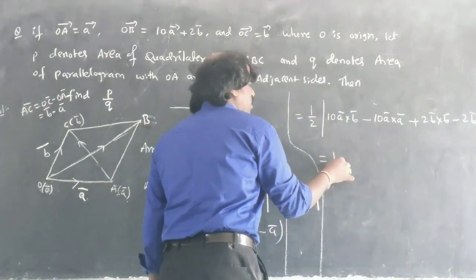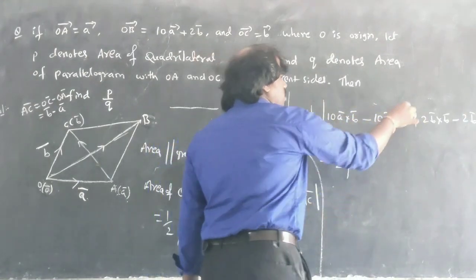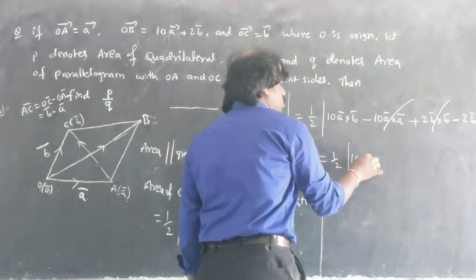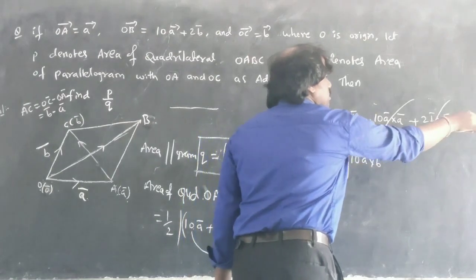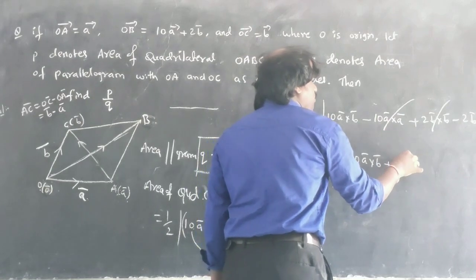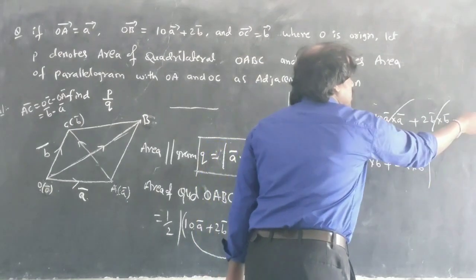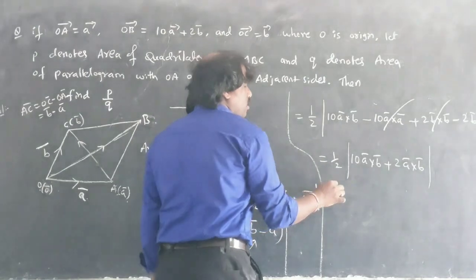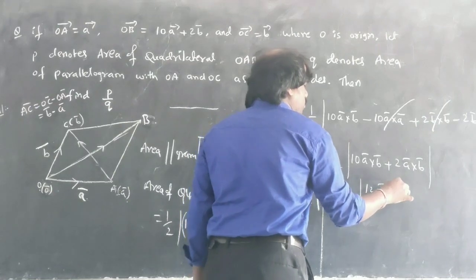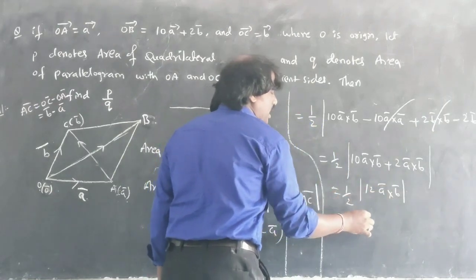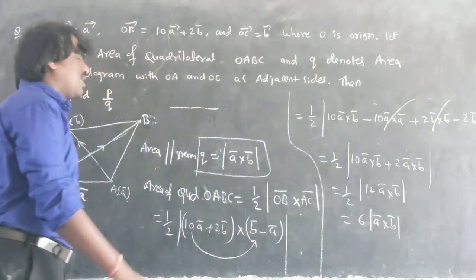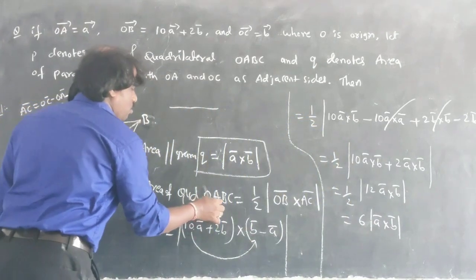So half of 10 times of this, A cross A is 0, B cross B is 0. So here I can write 10 times of A cross B, and if I change the sign, this minus will become plus, 2 times of A cross B. So half of, I get magnitude of 12 times of A cross B. 12 will come out, so I get 6 times of magnitude of A cross B. That is what I am going to get as area of the quadrilateral OABC.